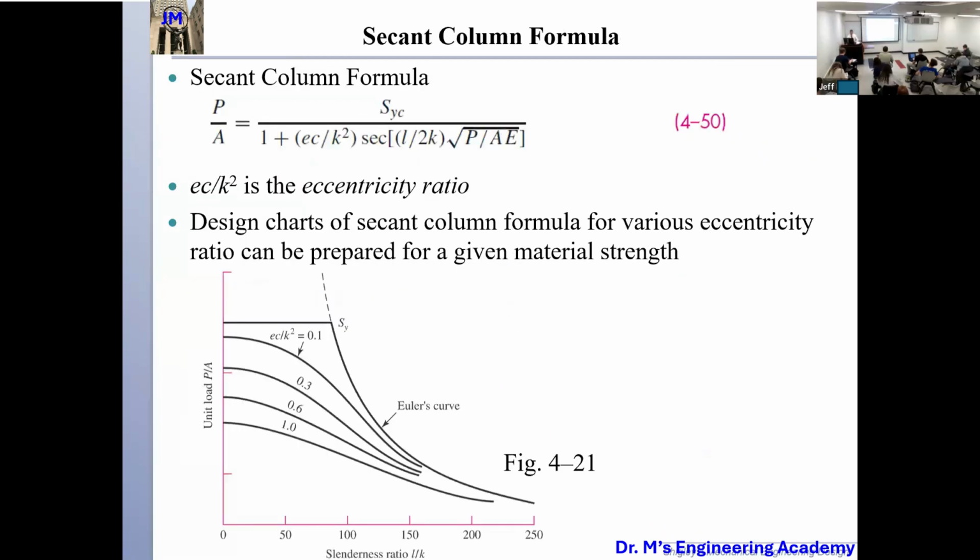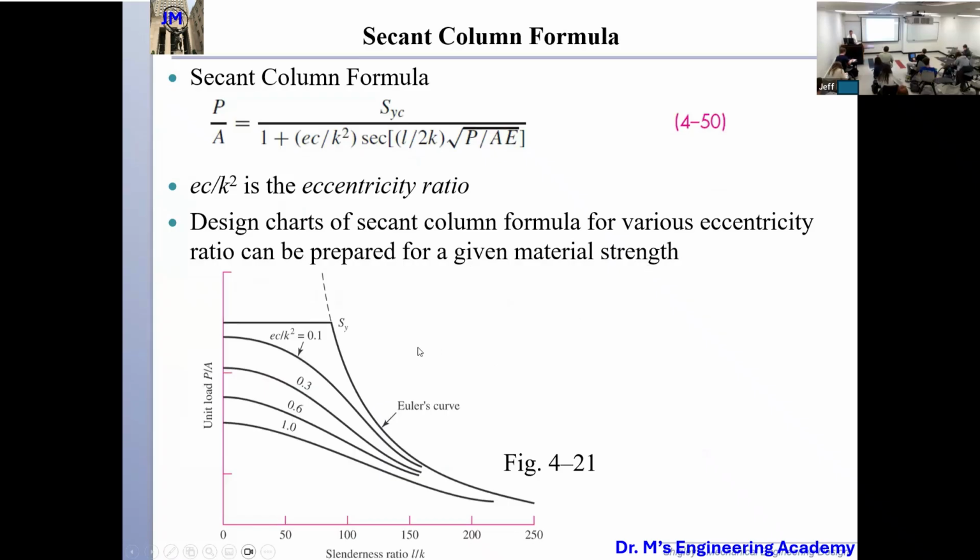And the second column formula is P over A. So this is one, and this is another. This is a concept. Okay? Eccentricity ratio ec over k squared. So here is a design chart of secant column formula for various eccentricity ratios, which can be prepared for a given material.